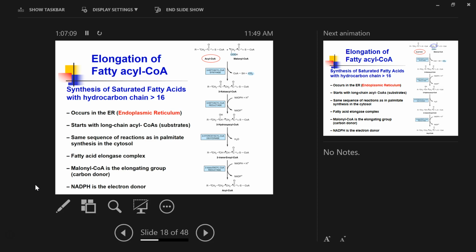Okay, now let's talk about the additional process that is required to synthesize fatty acids longer than 16 carbons.